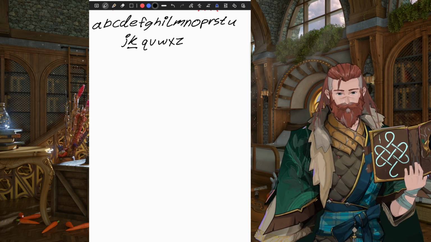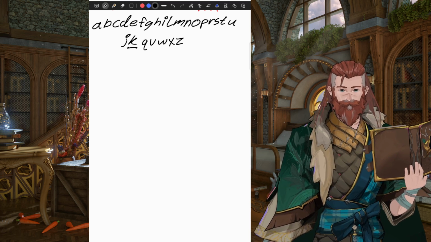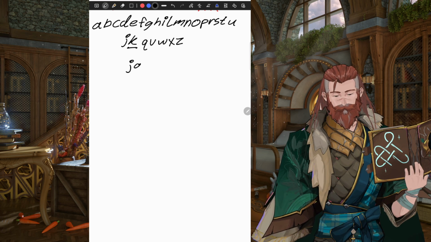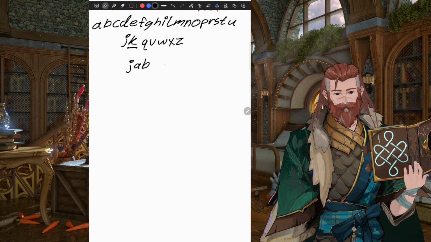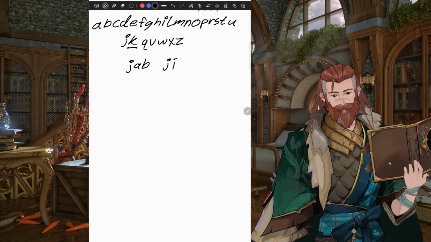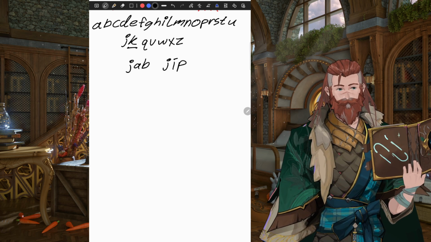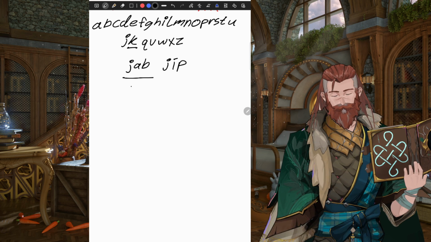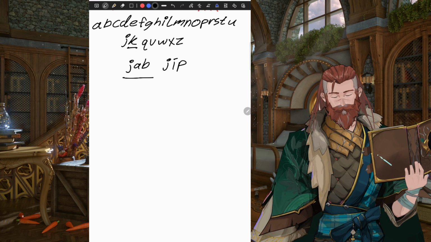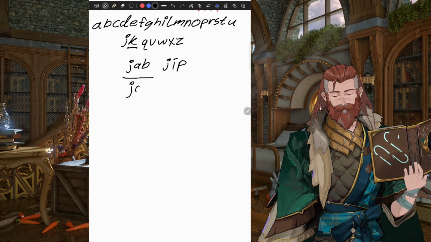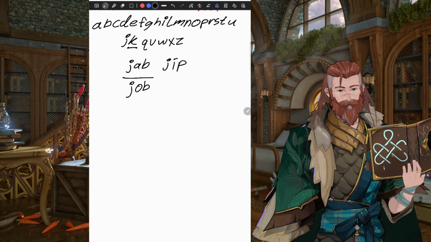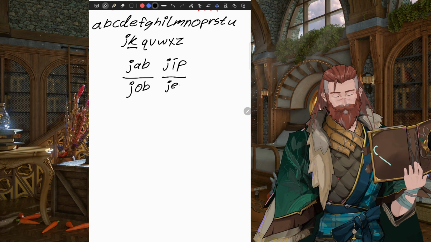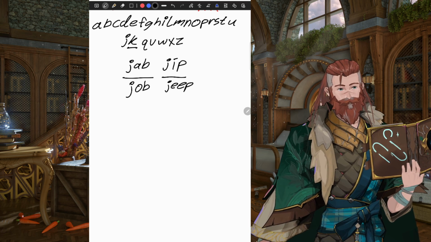Two notable examples of loanwords in Irish are job and jeep. Job meaning job, and jeep meaning jeep.